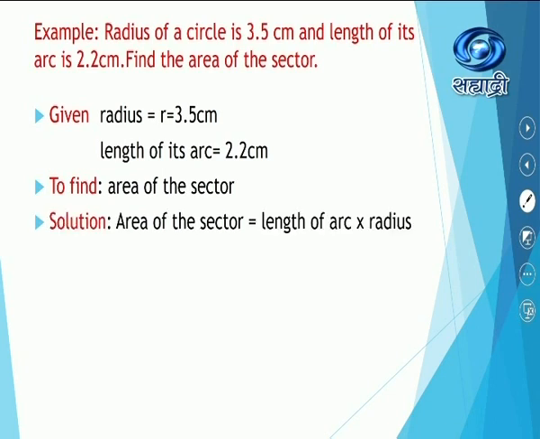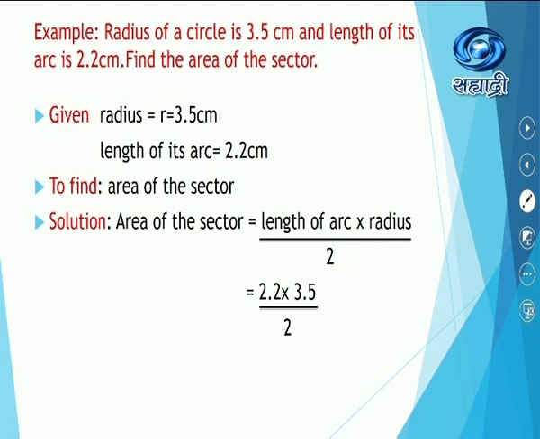Now write down what is given to you. Radius is equal to 3.5 centimeter. Length of the arc is equal to 2.2 centimeter. You are going to find out the area of the sector. Now you know the formula that area of the sector is equal to length of the arc into radius upon 2.